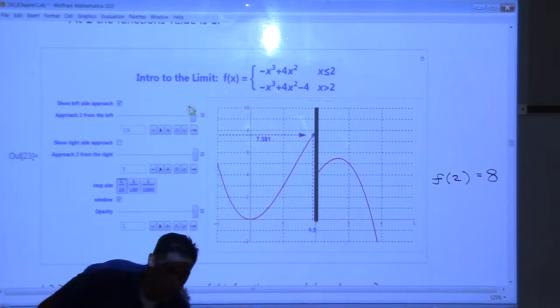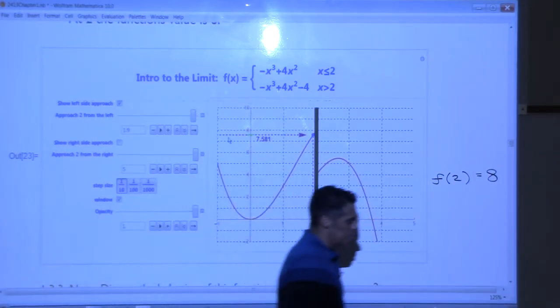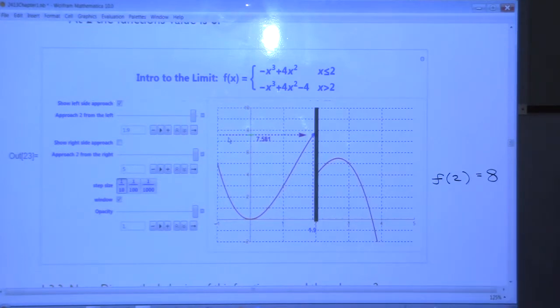Ian, where's Ian? Ian, you get to come in from the right. So what do you see as we come in from the right? What does it look like the function's value is approaching? 4. Do you all see that? This time we come in from the right, our y-coordinate goes up, it's up at like 5.477.